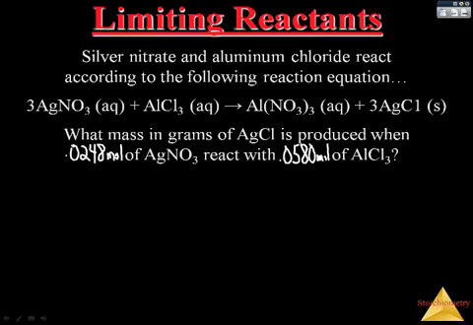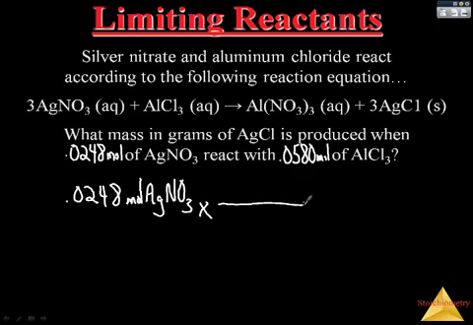We'll do this one first, 0.0248 moles of silver nitrate. Write down what you know. That's what the problem gave us. Multiply it by the conversion factor, from here, 3 moles of AgNO3 to 1 mole of AlCl3.